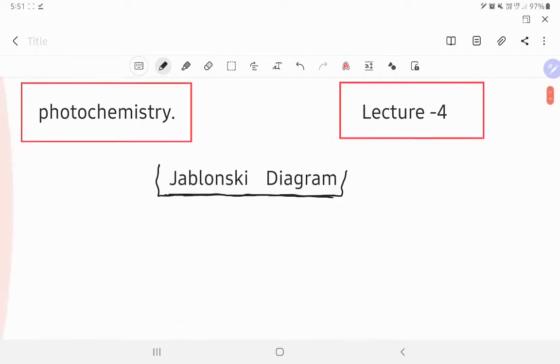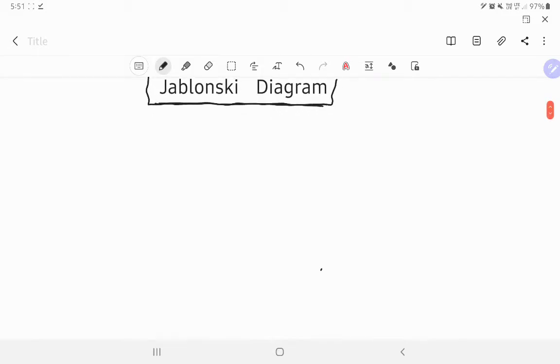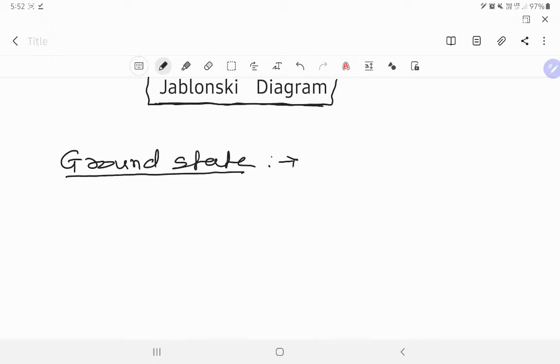Okay, before starting this Jablonski diagram, we must be aware of some of the terms used in it. Now, if we consider any ground state molecule, all the electrons are paired. Spin of electron is paired. Now, if the spins are paired, then what is the total spin?